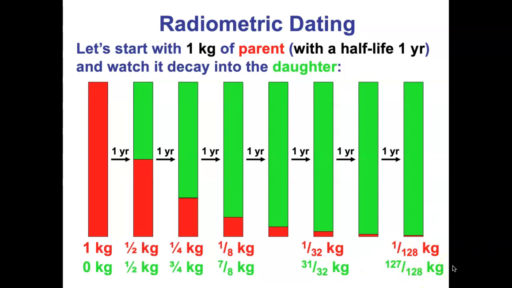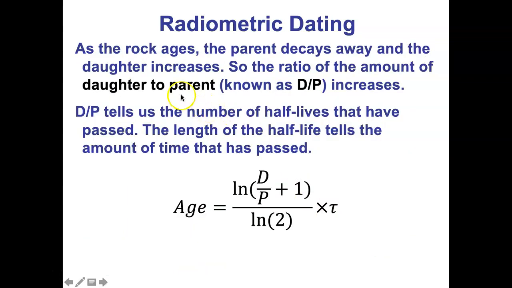So if you cut into a rock and you count up the number of parents left, you count up the number of daughters that you find, that ratio of daughters to parents, the ratio of how many daughters have accumulated and how many parents are left, tells you how many half-lives have passed.